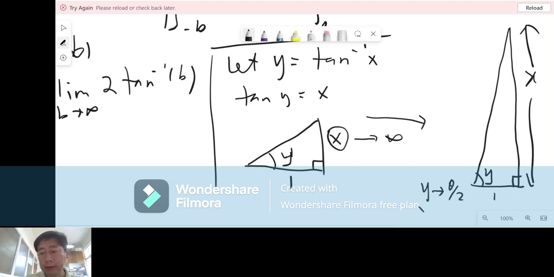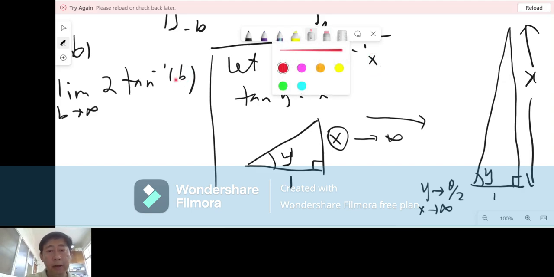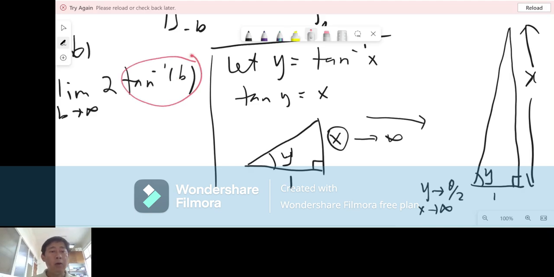So we can work out this relationship that when x tends to infinity, y tends to 90 degrees. Here y is representing the arctangent of b and x here is representing b. So with this argument, we could quite comfortably arrive at the answer that when b tends to infinity, arctangent of b would just go to 90 degrees.